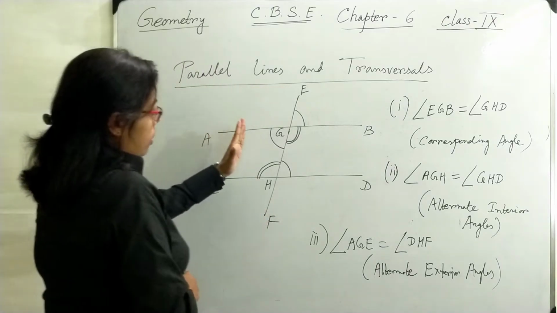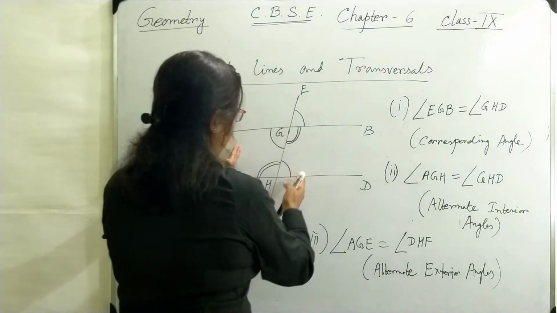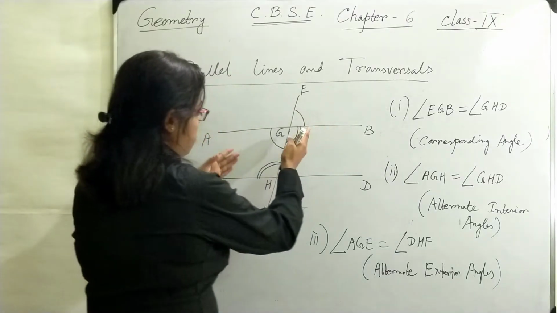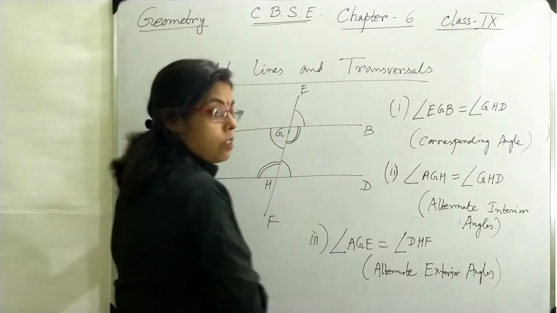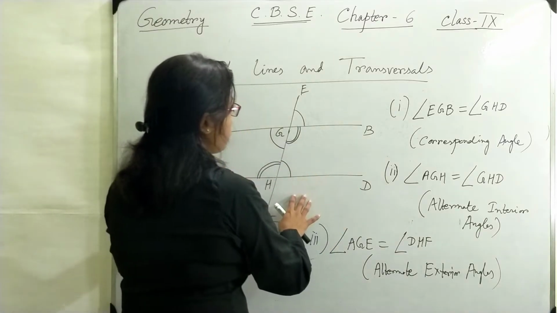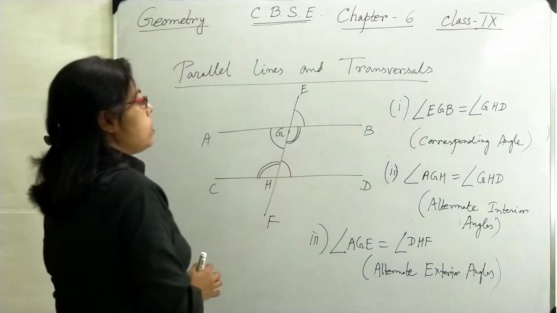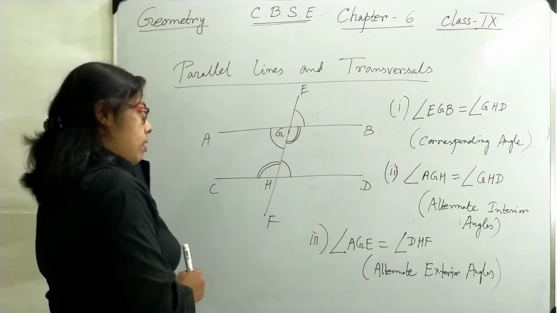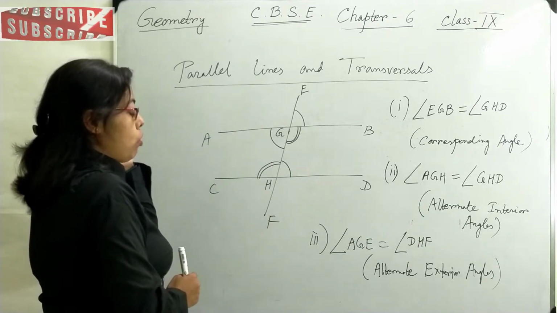Now you can see here there are so many angles created when this transversal EF is passing over AB and CD straight lines. These angles have some nature, some property, and some names also.